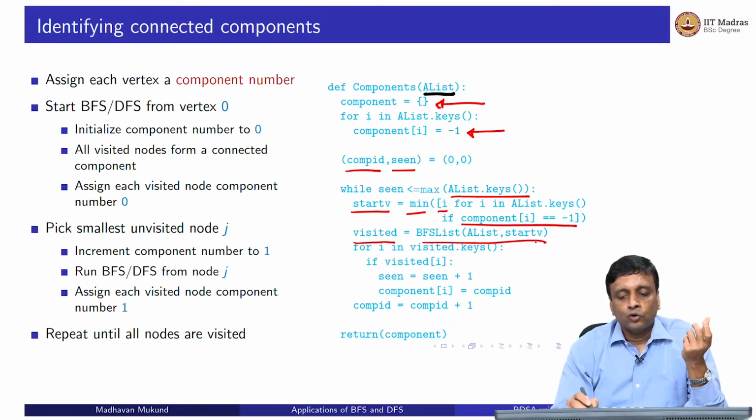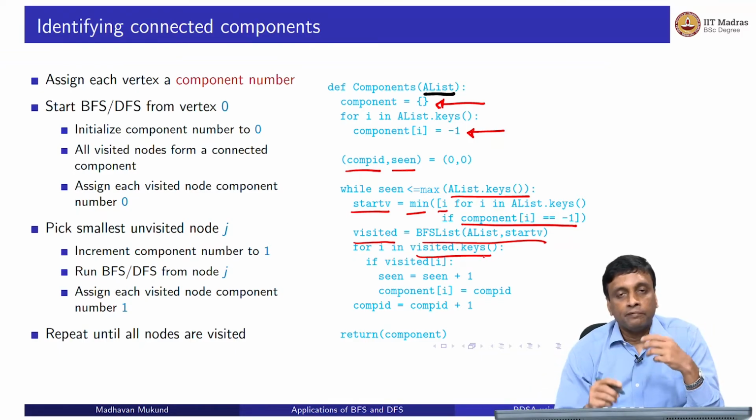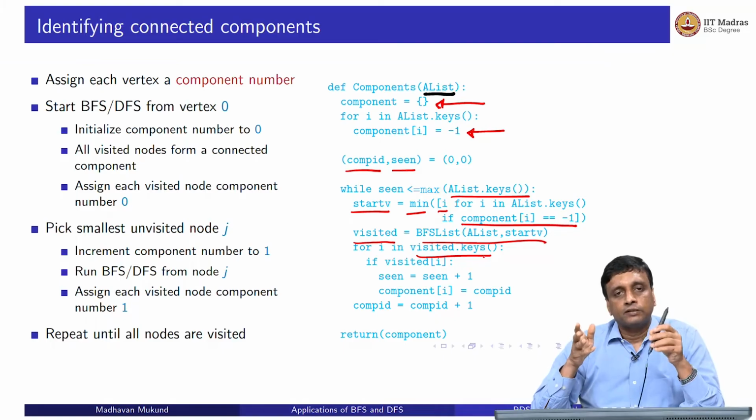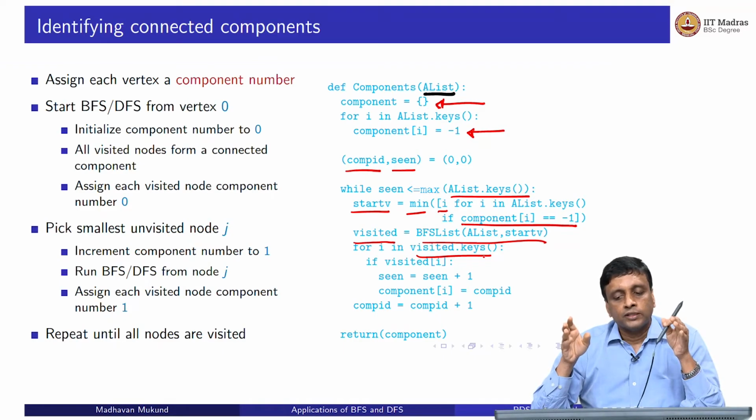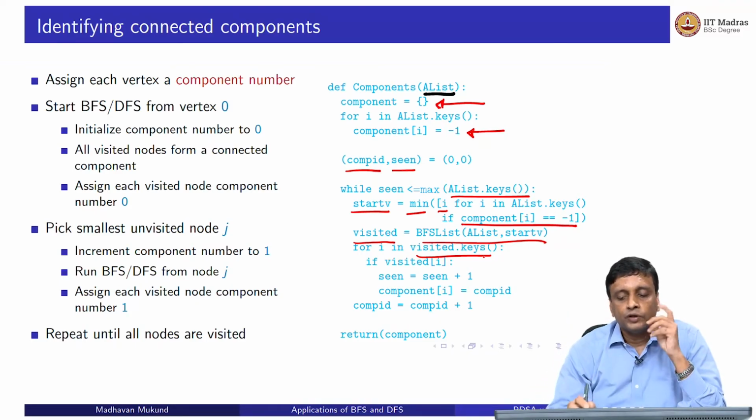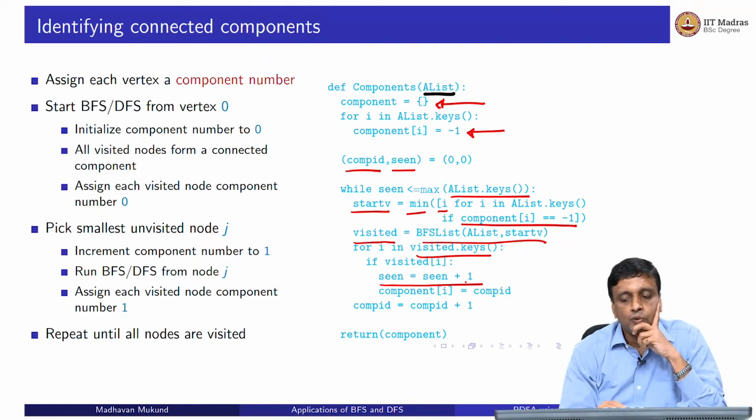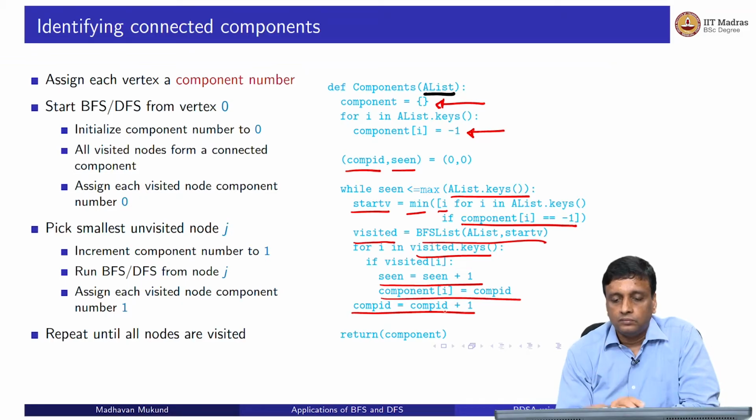And for each of the nodes that I visit, visited is set to true because I have explored those things which can be reached from here. So, if visited is true, then I set seen to be seen plus 1 and I set the component to be the current component, and then eventually I update comp ID.